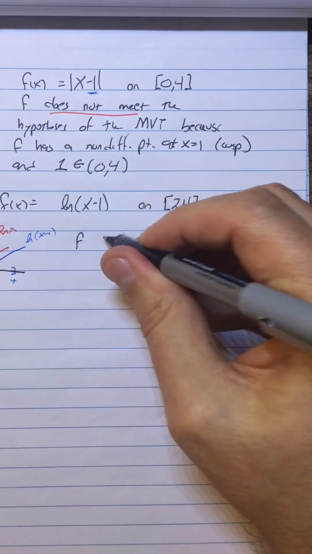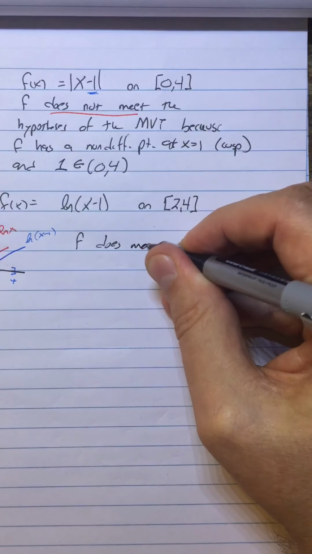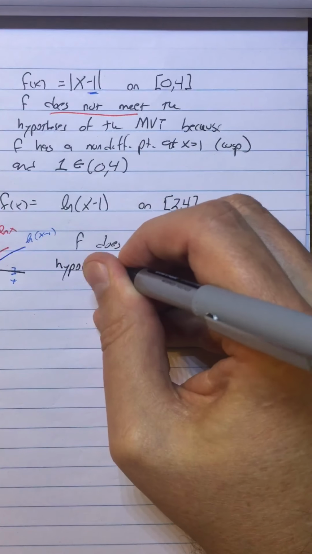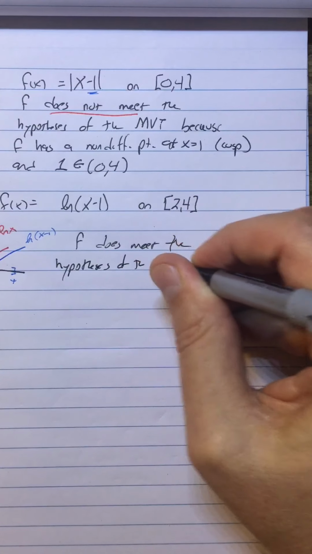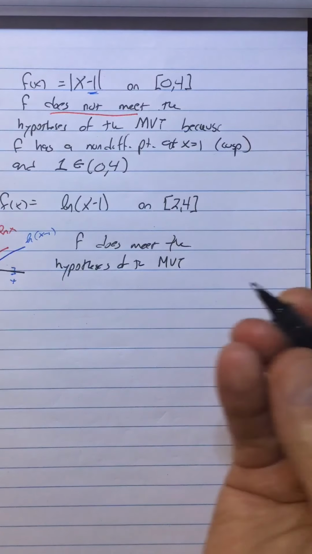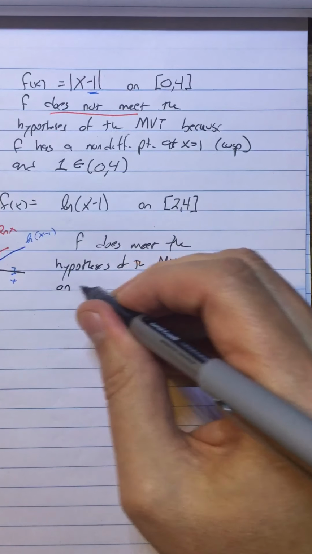So you're going to say f does meet the hypotheses of the MVT on 2, 4. And by the way, up above I should have said on that interval, because it just depends on the interval.